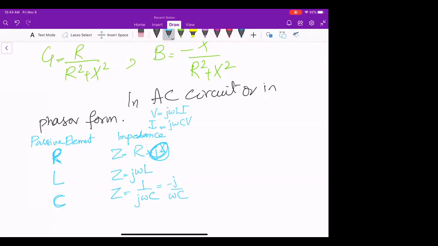Similarly, I should be able to write the admittance of this as well.